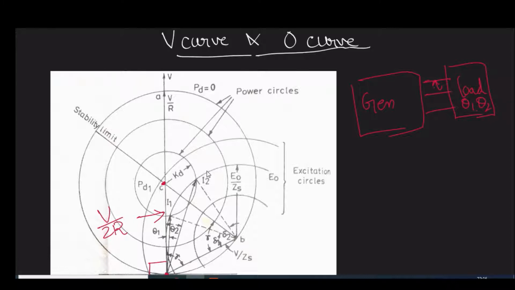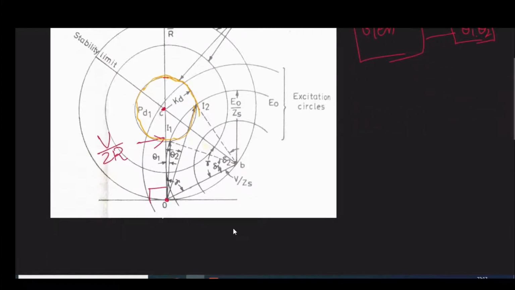So obviously these circles represent equipower circles. Like you have studied equipotential line or equipotential surface, here it is like an equipower circle. On each point of this circle, your power is the same.